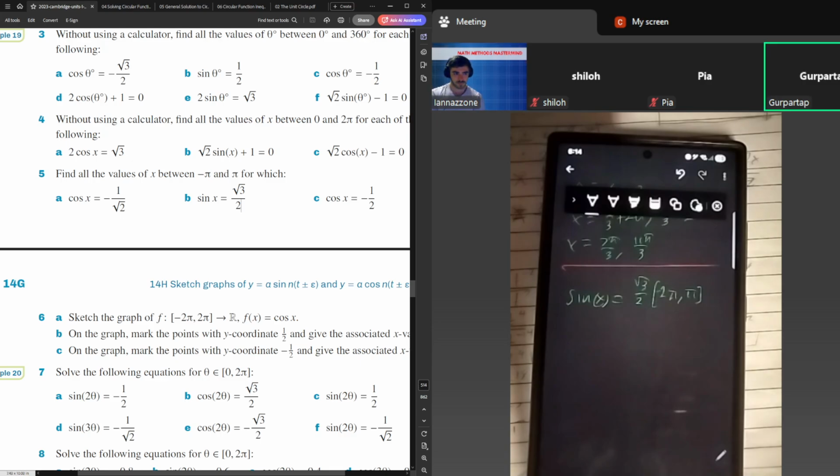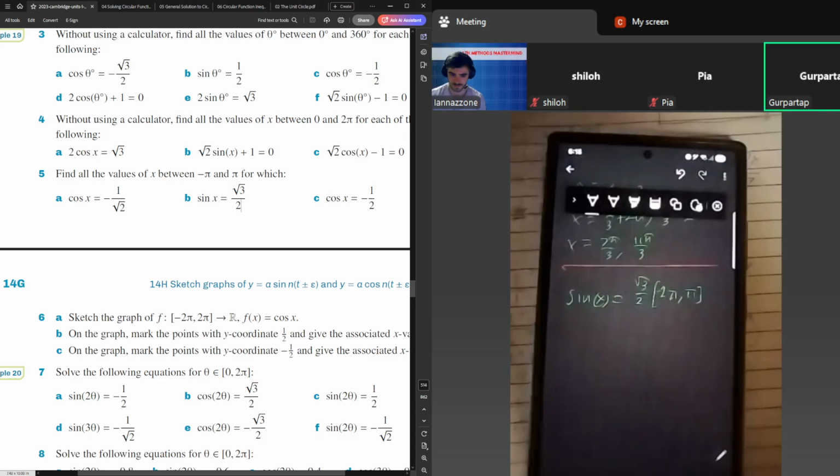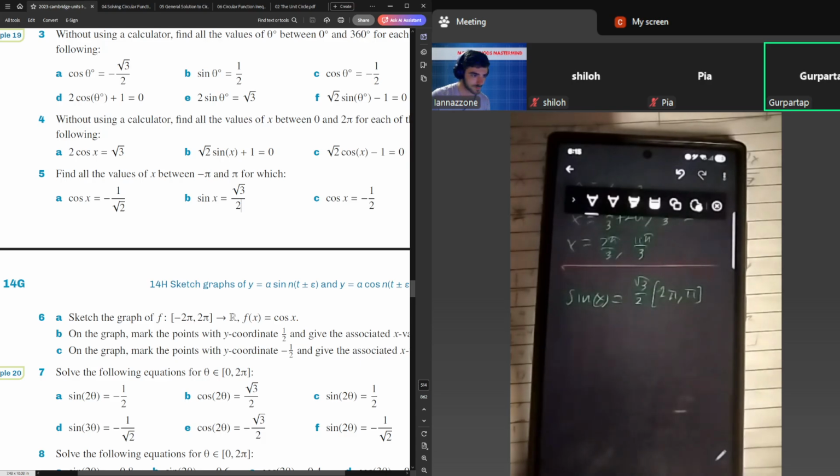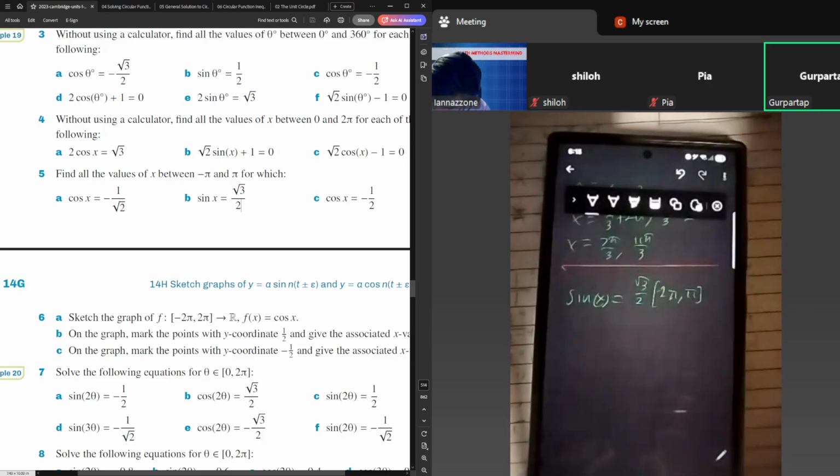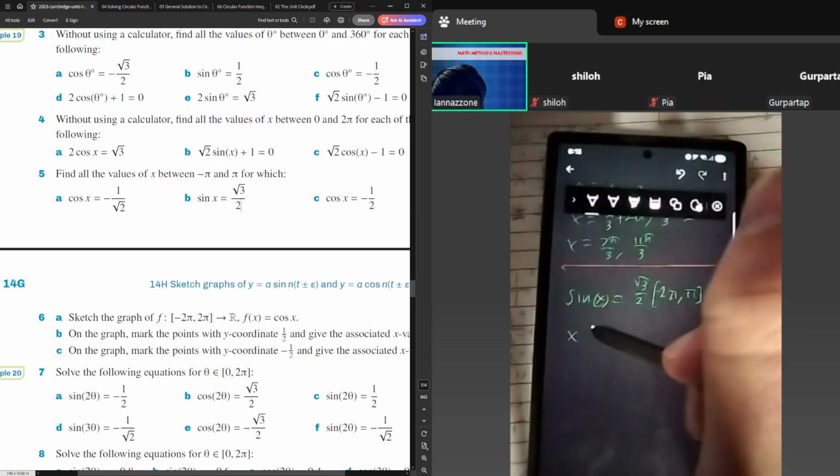Do we find all the y values that are root 3 on 2? All the y values that are root 3 on 2. Yeah, precisely. So that would be pi on 3 and 2 pi on 3. Yep, pi on 3 and 2 pi on 3 are good.